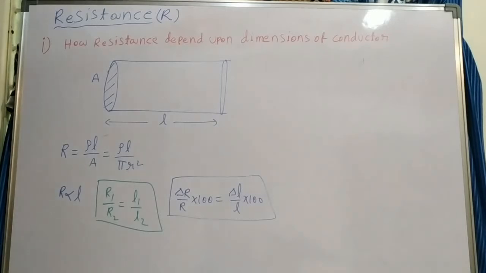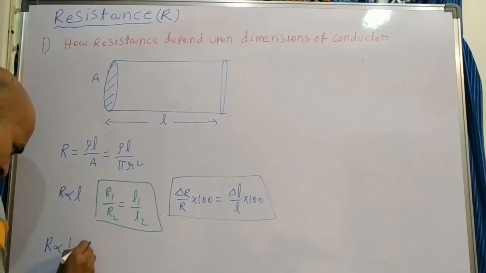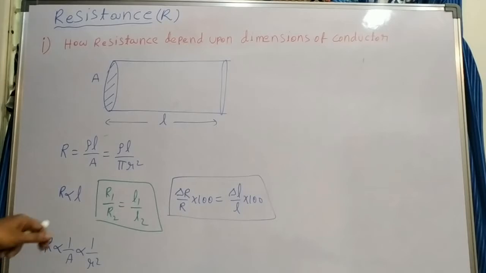Now, how does R depend upon the radius, that is the area of cross section? R is proportional to 1 by A, inversely proportional, or otherwise inversely proportional to r squared.